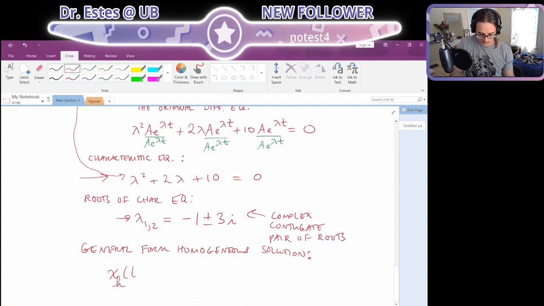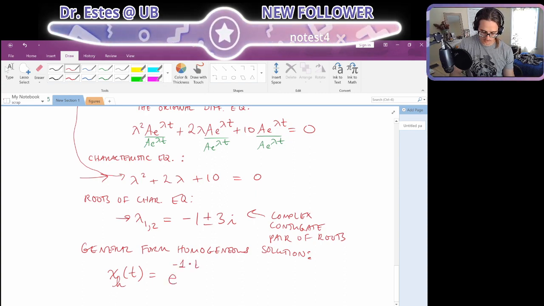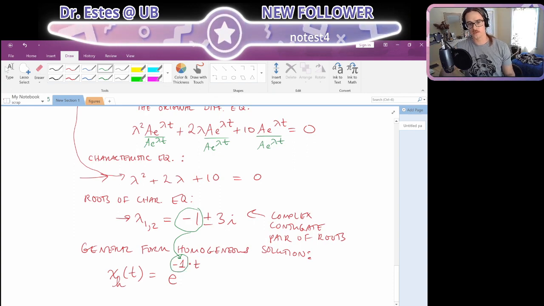I'll just call it x homogeneous of t is going to be e to the minus 1 times t, and this minus 1 is coming from the real part of the root.